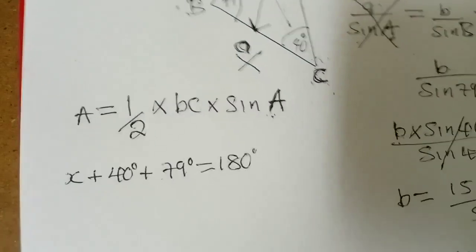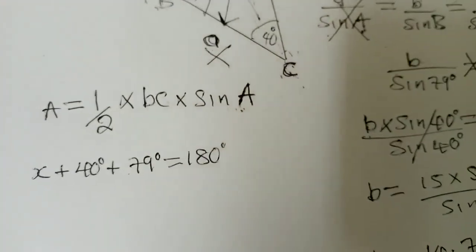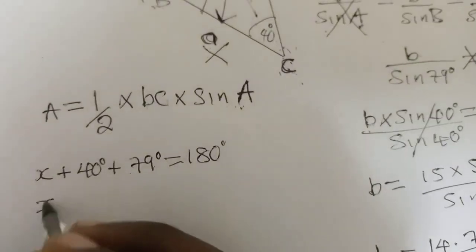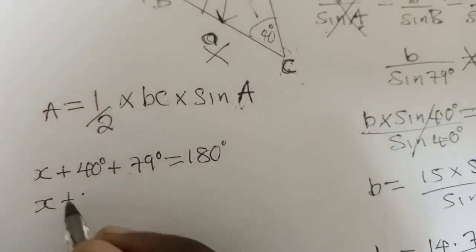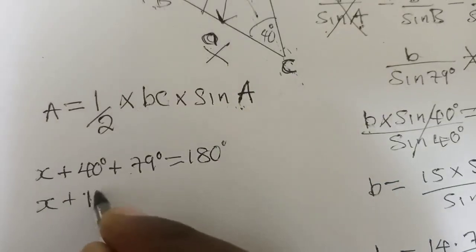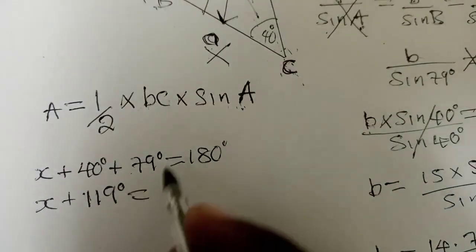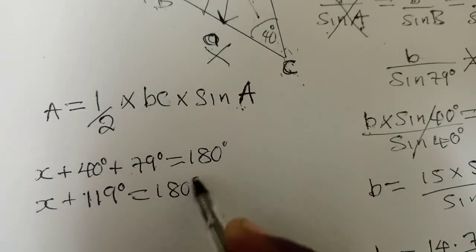You should know this: angles inside the triangle add up to 180 degrees. So x plus 40 plus 79, which is 119, is equal to 180 degrees.